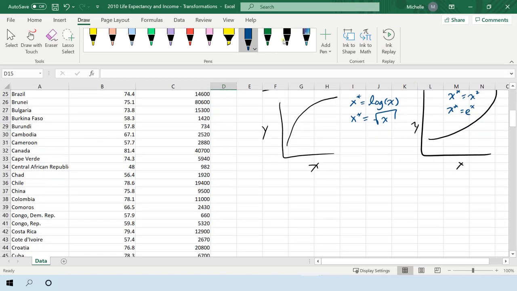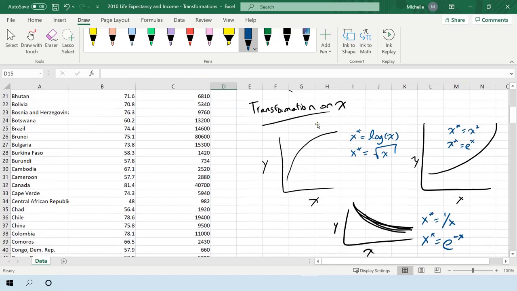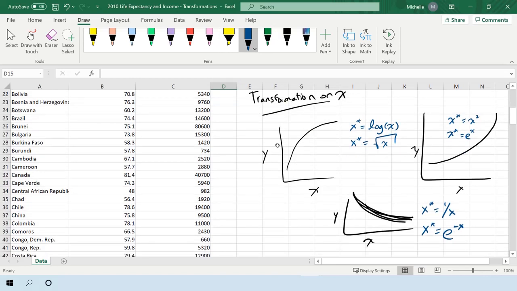Another thing that you might see, with x and y, is a downward curvature like this. That might be a good time to use an inverse function, so 1 over x, or e to the negative x power, which is 1 over e to the x. So these are different ideas for transformations on x. Again, you're doing a transformation on x because you have the random variability in these plots, but they don't appear to be linear.